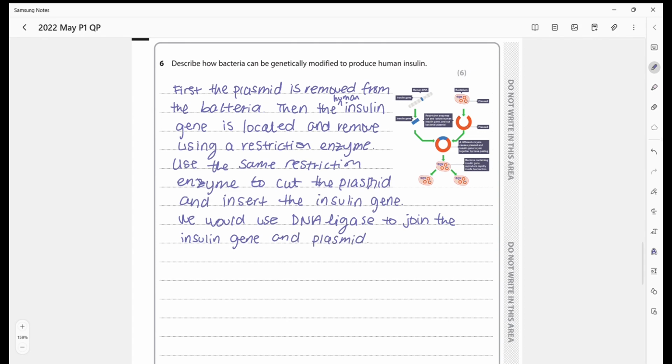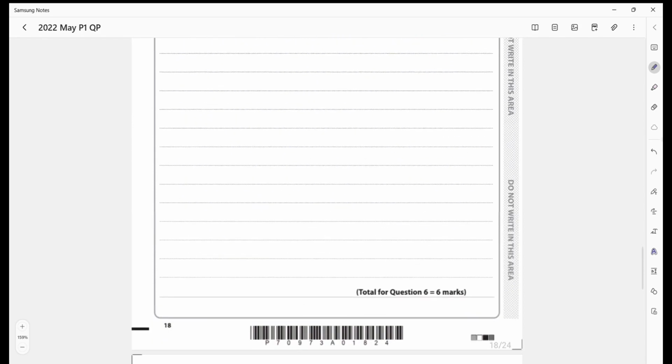Then we would insert the now recombinant plasmid into the bacteria. All right, question 6 is done.